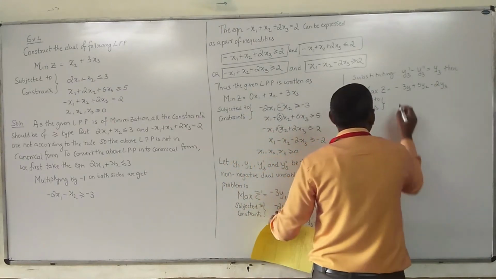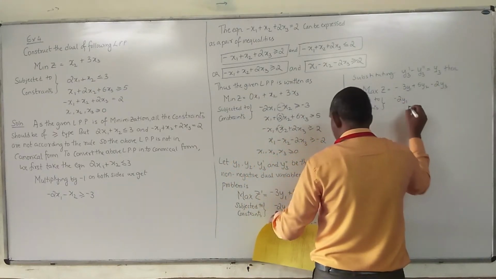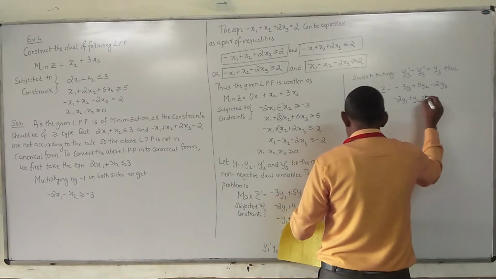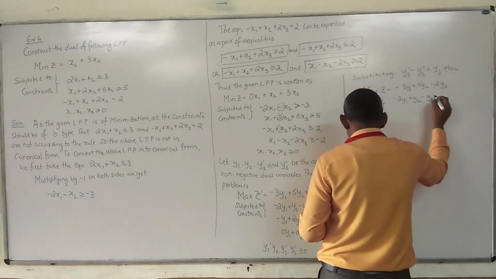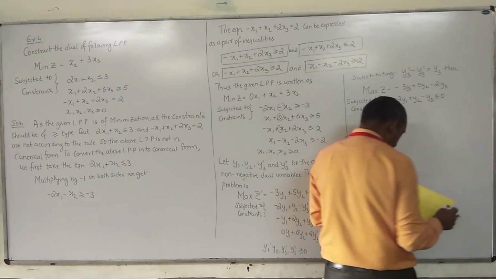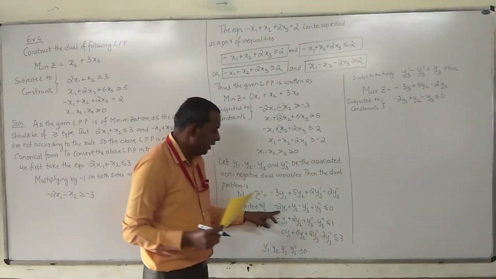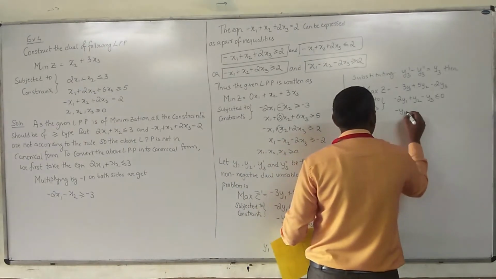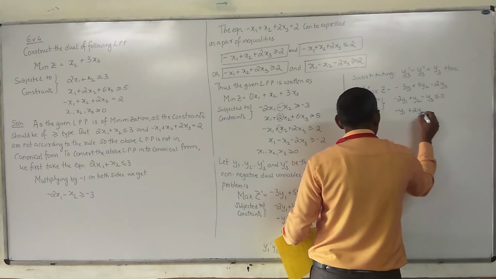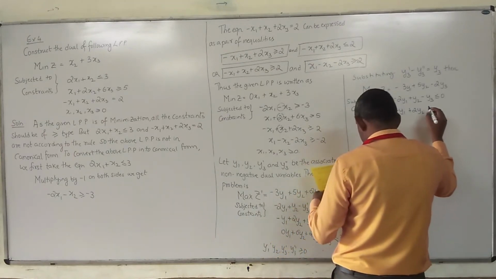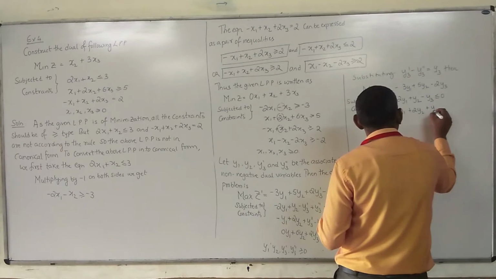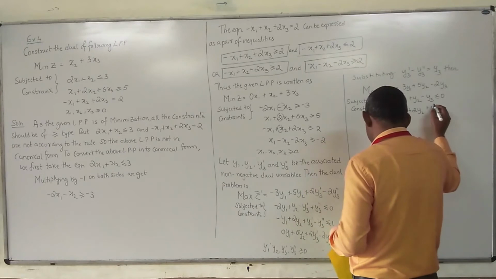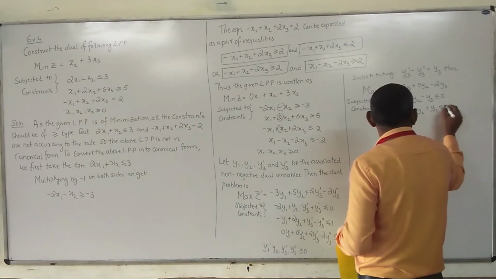That is, minus 2y1 plus y2 minus y3 is less than or equal to 0. Fine. So I have written like this. Whereas minus y1 plus 2y2, then plus y3. Is it plus y3? Yes, plus y3 greater than or equal to 1.